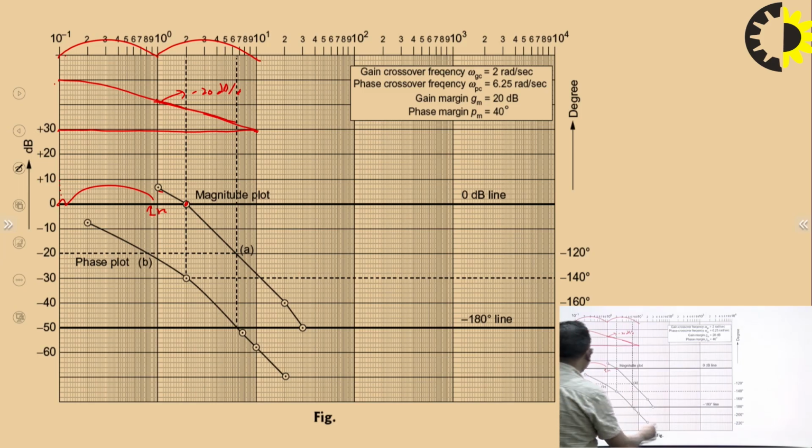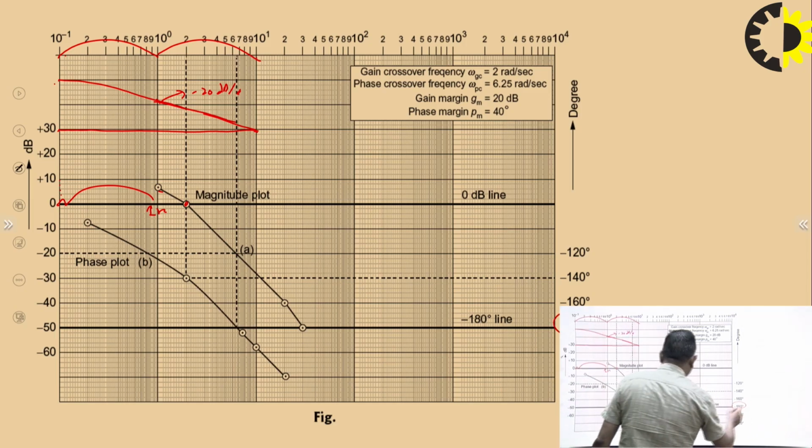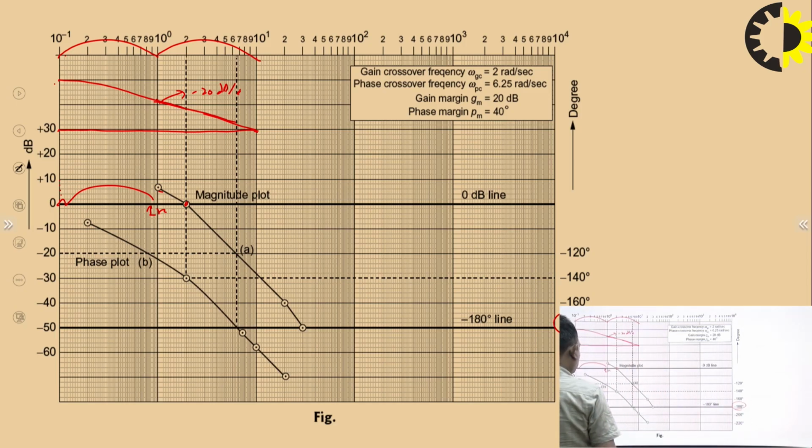This line is the minus 180 degree line. We are interested in that frequency, where the phase will become minus 180 degree. This frequency is called the gain crossover frequency, wherein the magnitude plot cuts the 0 dB line.